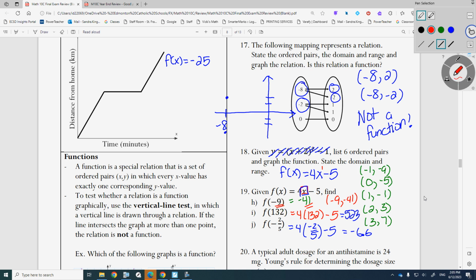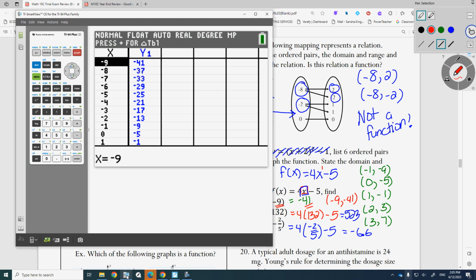If you see that, Tessa, what did I just give? That negative 25 is what? Is that x or is that y? That's the y value. What is the x value that would give a y value of negative 25? I could see on my calculator that the answer is going to be negative 5, but let's solve it algebraically to make sure that you're good for that.